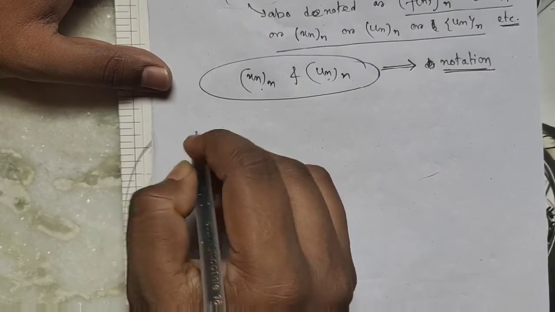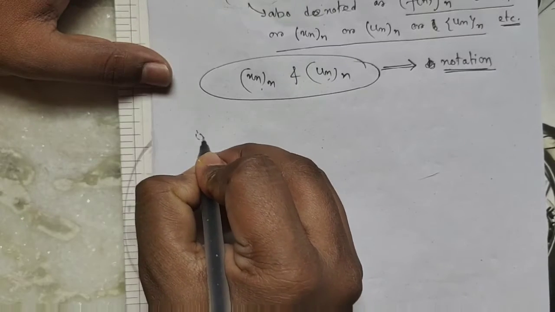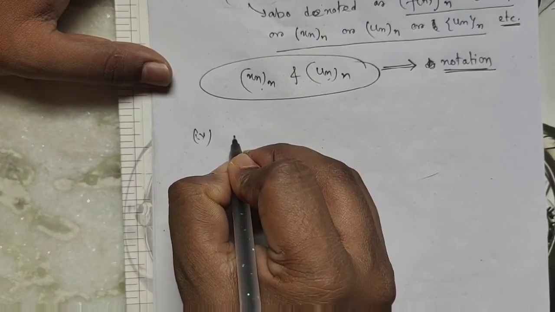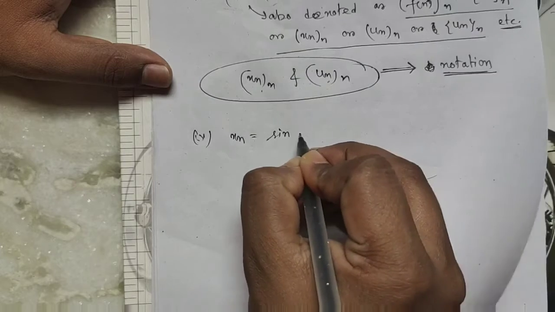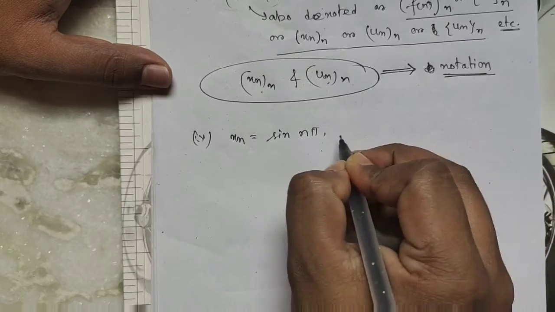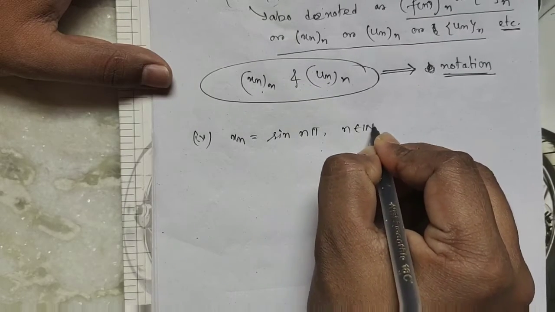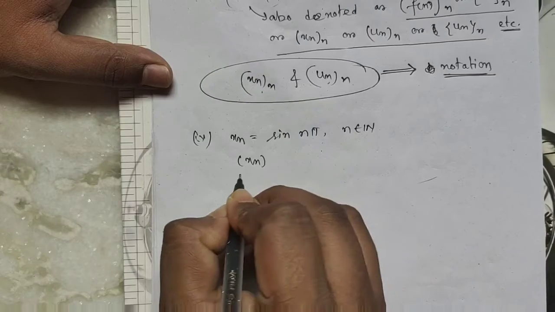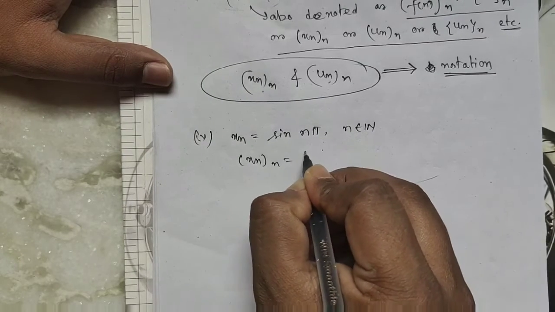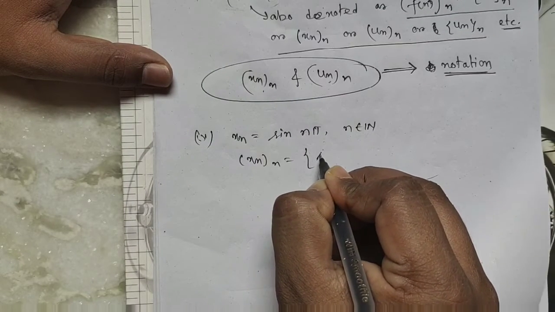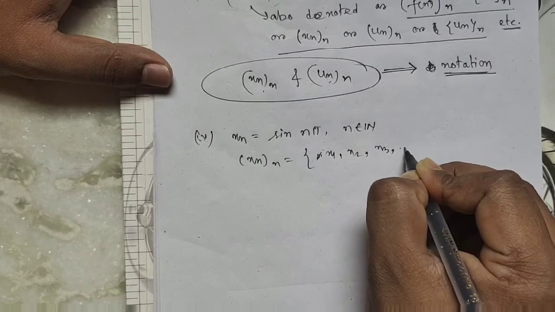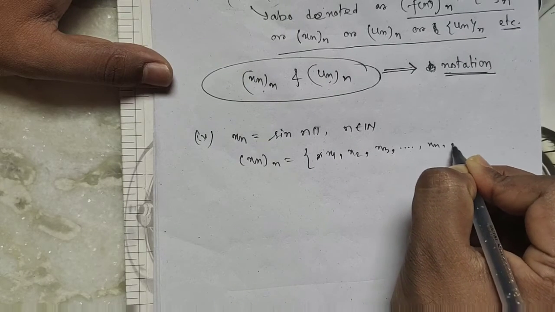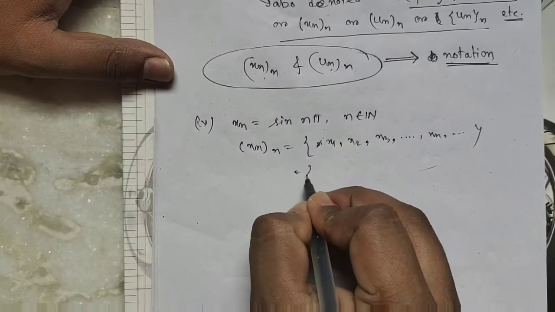Another example of a sequence is x n equals sin n pi, n belongs to natural numbers. So this is a real sequence which is defined as x1, x2, x3, x n.